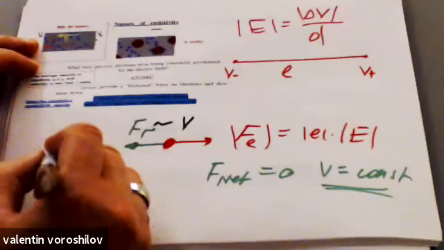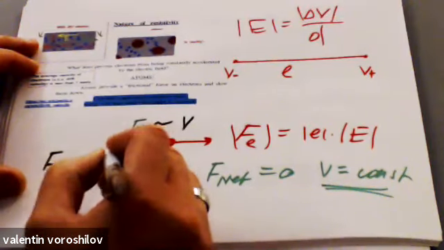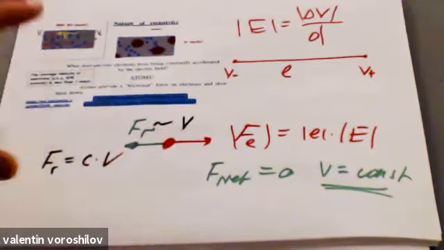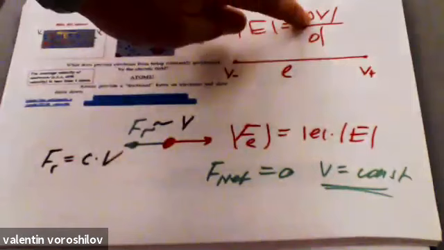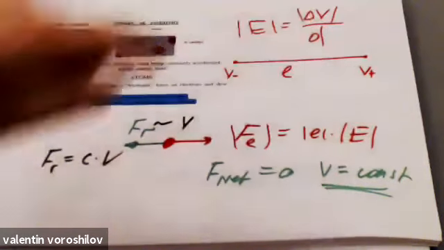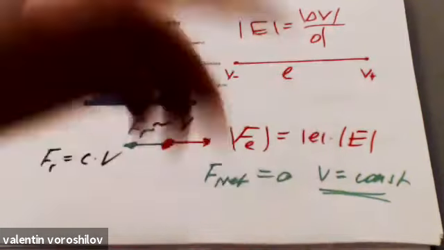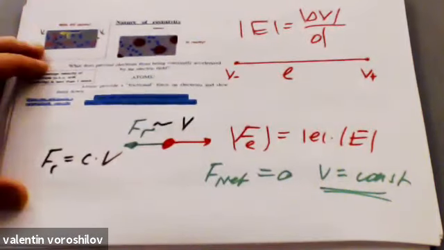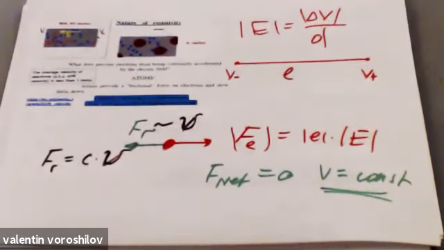So we could imagine that there is some kind of a coefficient, I don't know, C. And now we are in trouble. Why? Because this V represents potential, and this V represents velocity, and we need to remember which is which. Maybe I do it a little bit differently.